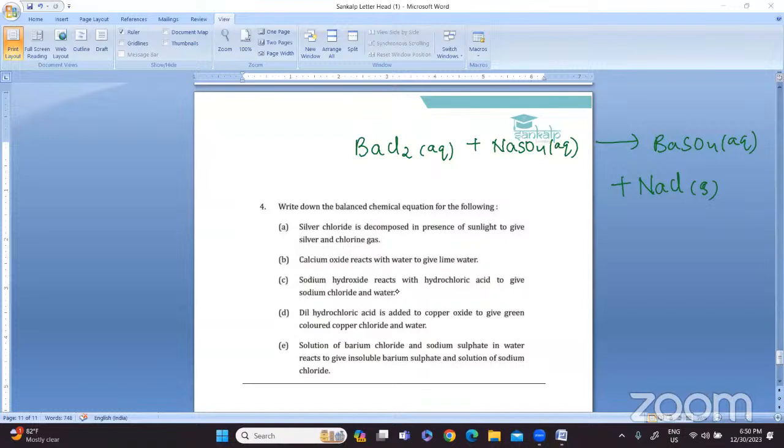So BaCl2 plus Na2SO4 giving you barium sulfate plus NaCl.